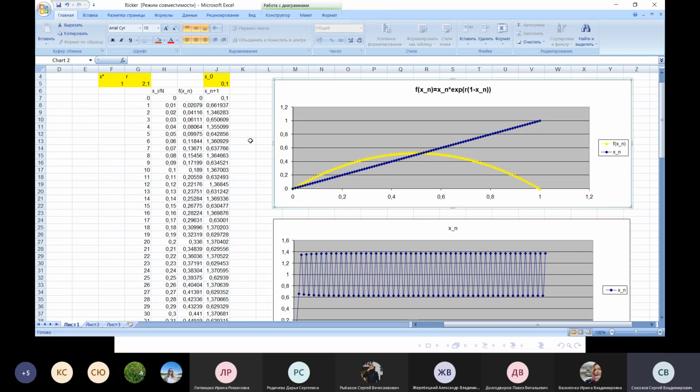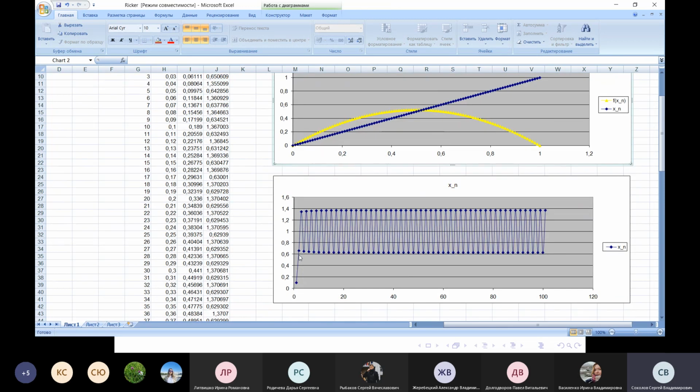Well, I think there is a mistake in this first plot. A bit strange because intersections here must be seen here. Well, I think it's just the mistaken plot in the right-hand side.